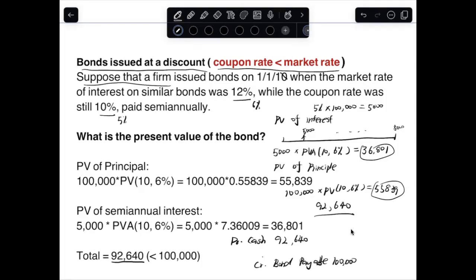So we record the liability as 100,000, but you can see here it's not equal. So we use a contra liability account, discount on bonds payable, to record the difference, 7,360. Good. Right, that's this number.